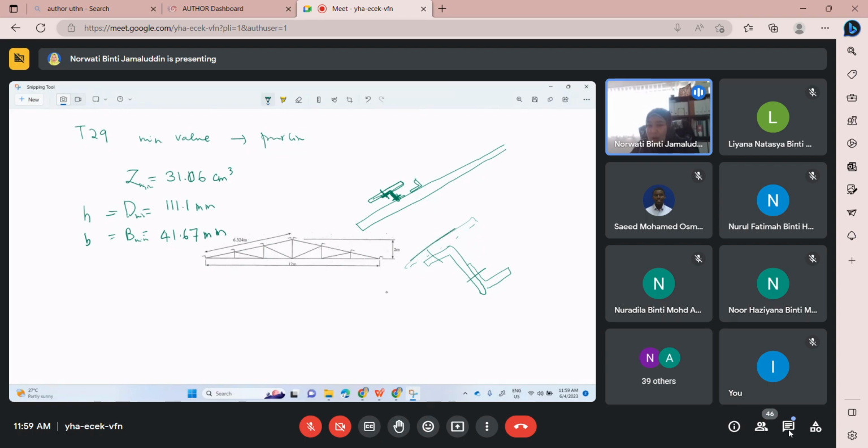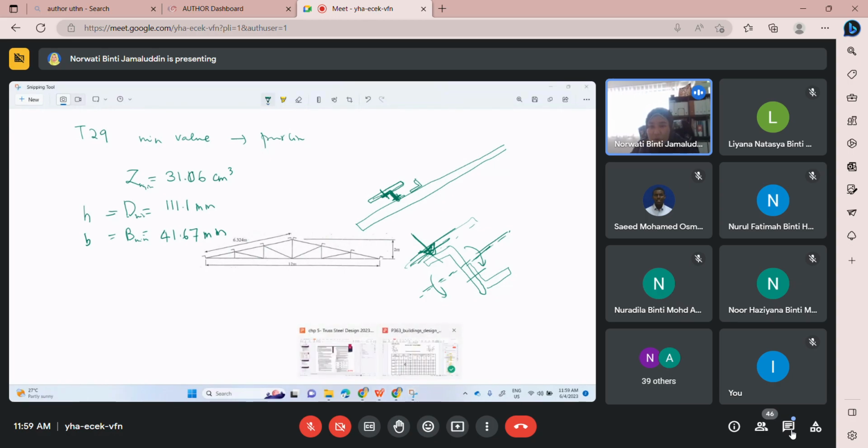This is load on top here. On slope kan? On slope. So, it will bend about this axis. Nampak ni? This axis. And what is the axis? Apa axis ni? Y or Z?